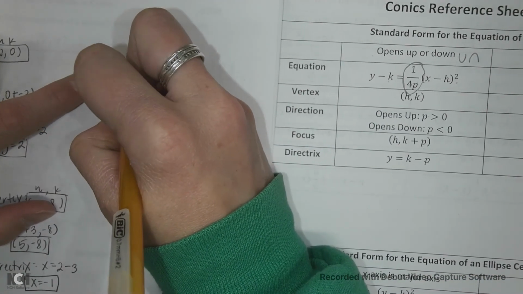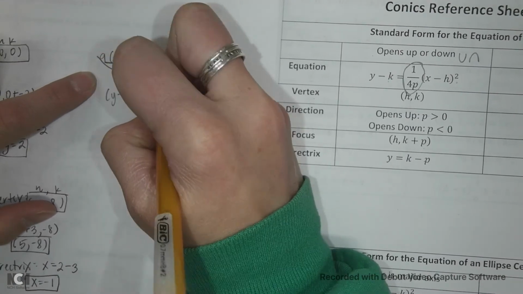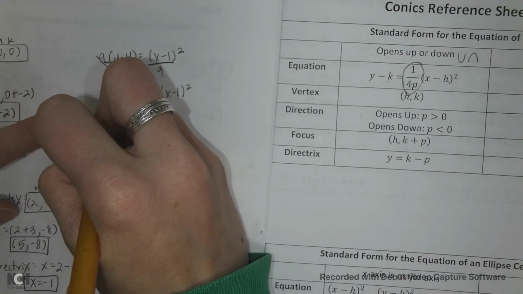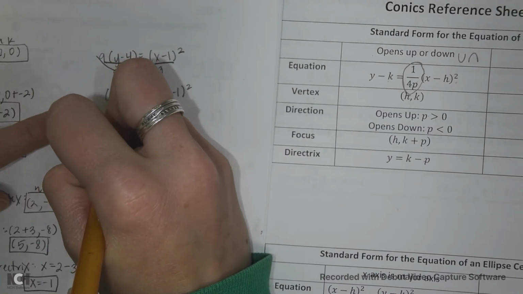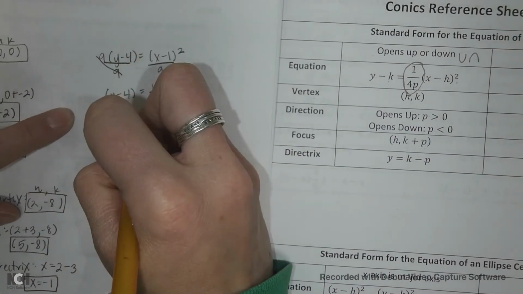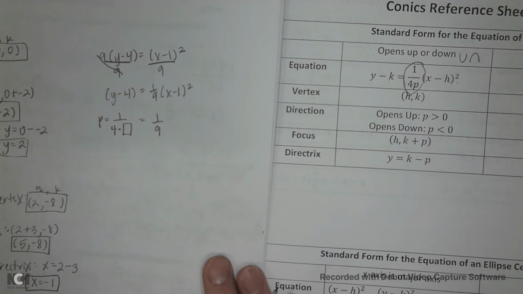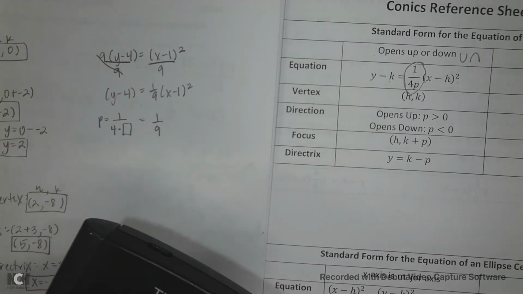So now we have y minus 4 equals 1/9 times x minus 1 squared. Okay, so again, my p-value is 1/4, and 4 times something will give us 1/9. Now this one's a little bit weird, right? Because we're trying to go to 9 and we want to keep it as a fraction.